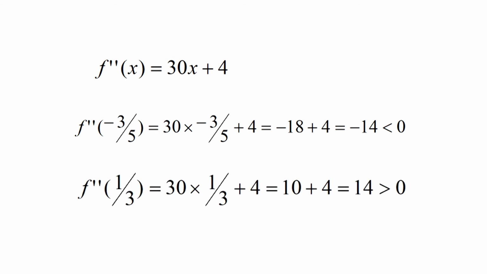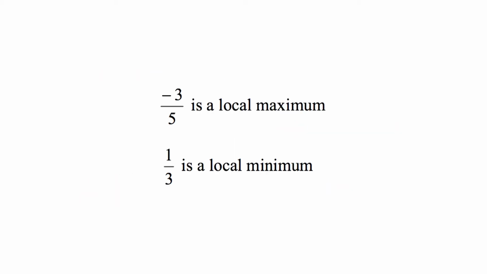And f''(1/3) = 30 × 1/3 + 4, which is equal to 10 + 4, which is equal to 14, which is greater than 0. Hence, -3/5 is a local maximum and 1/3 is a local minimum.